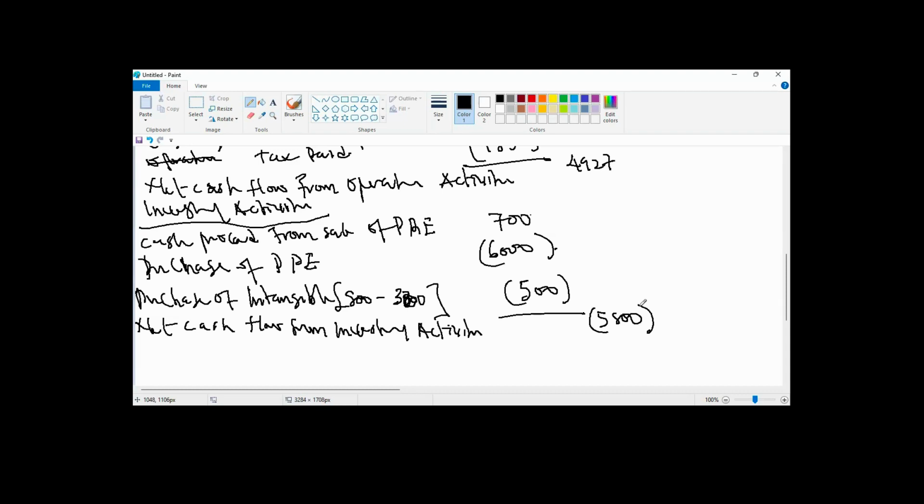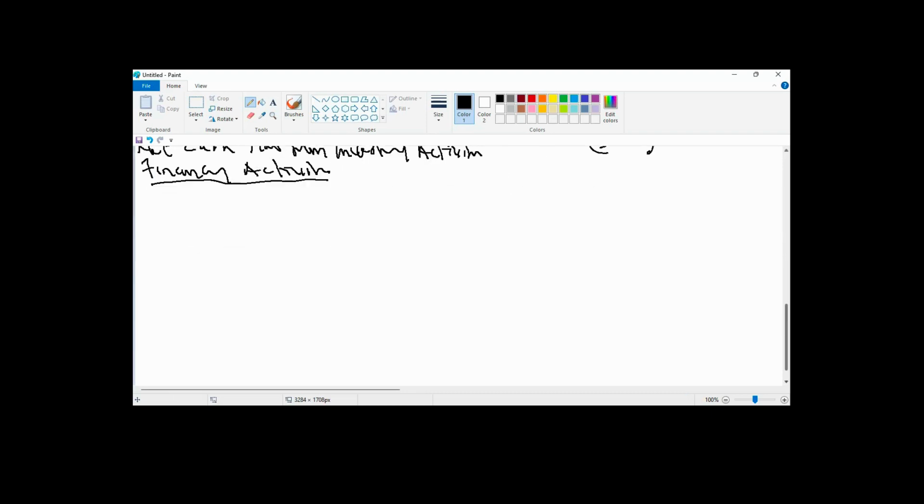Share capital. What is the share capital at the beginning? 1,100, at the end 1,900.